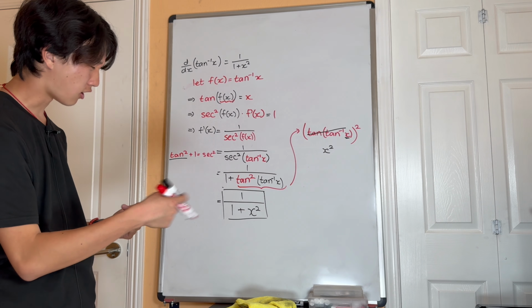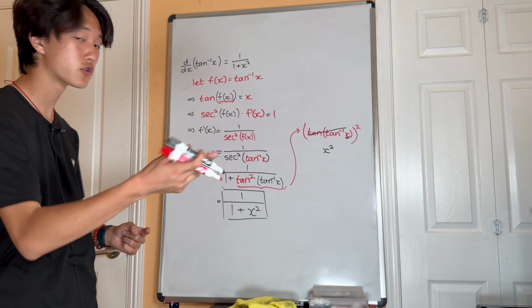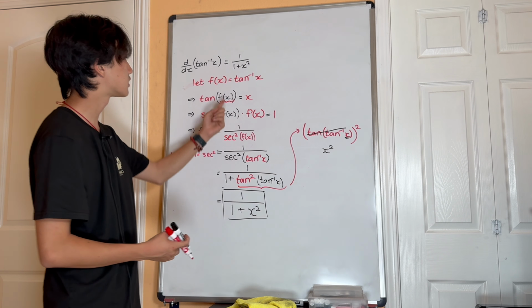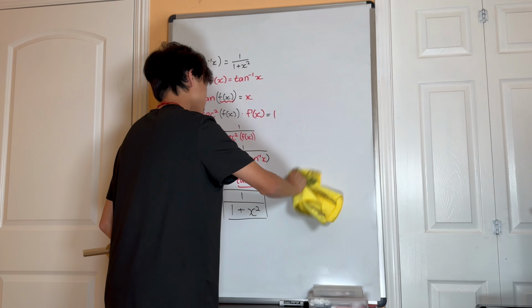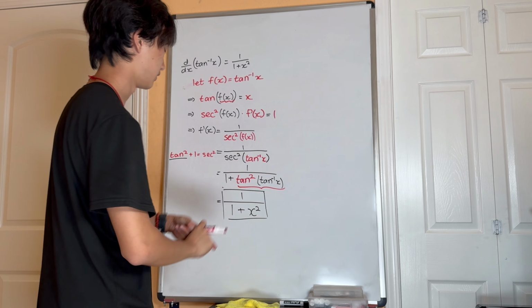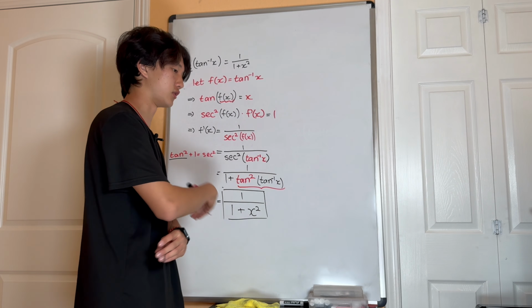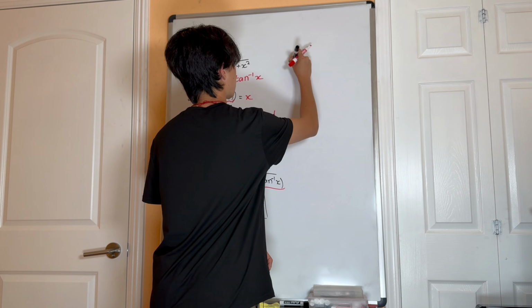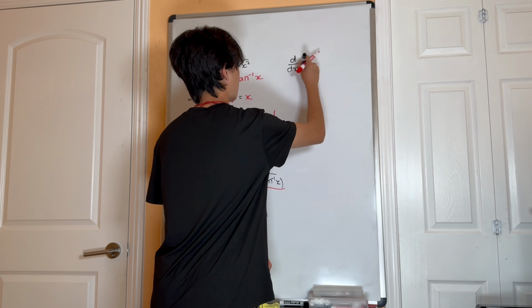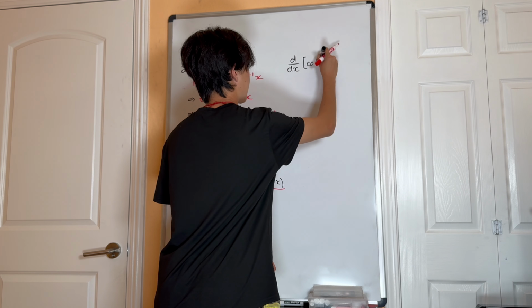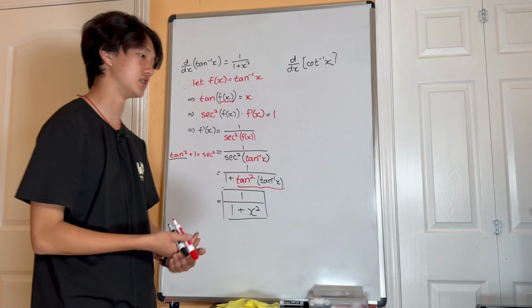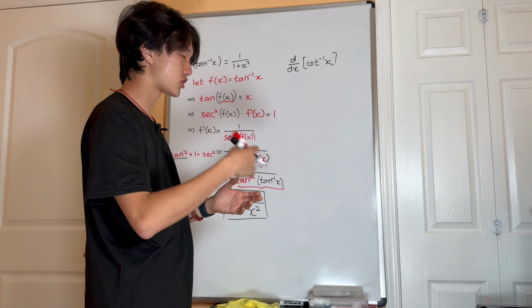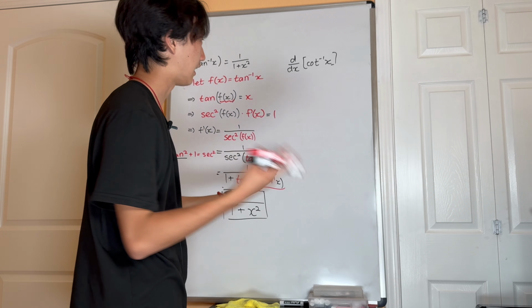And the arccotangent function, the inverse cotangent function, is really similar to the inverse tangent function. I'm going to also use a similar strategy as in the previous videos on inverse sine. Let's first write this down: d over dx of inverse cotangent x. The strategy that I used to differentiate that was the inverse trigonometric cofunction identity.